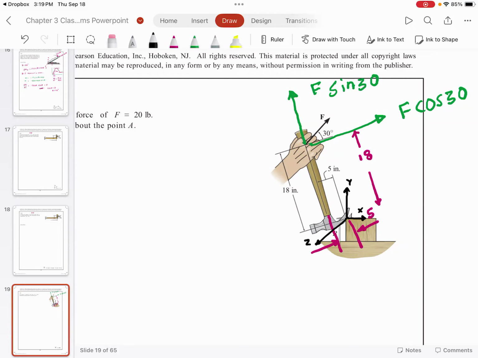Can somebody tell me what is the answer? F cosine 30 multiplied by, positive or negative? Curl your fingers, curl your fingers. Negative. Then F sine 30.